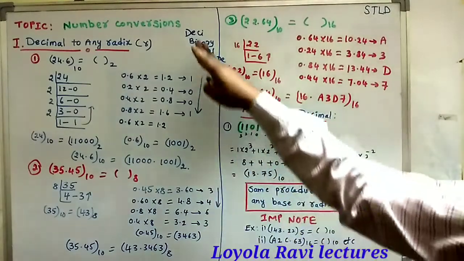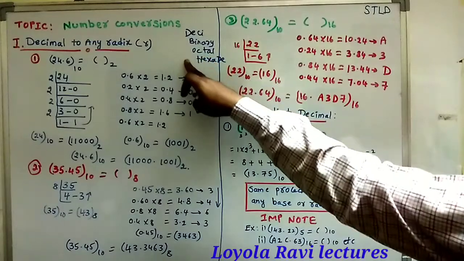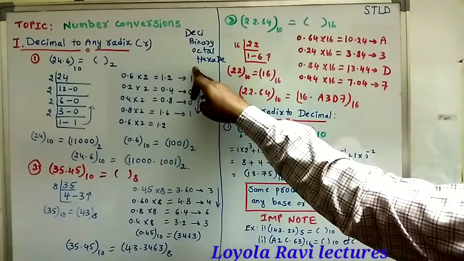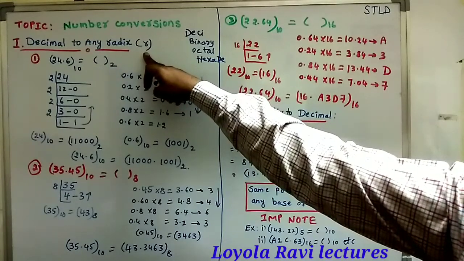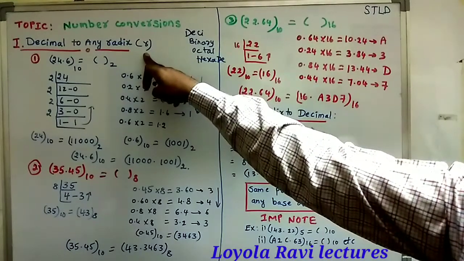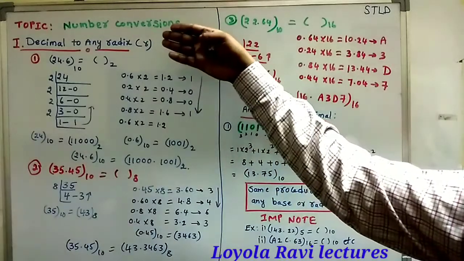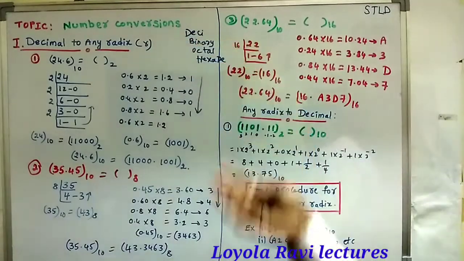Beyond binary, octal and hexadecimal, he may ask radix as 3, 4, 5, 7, 9, whatever it may be. That's why we have to follow the standard procedure.